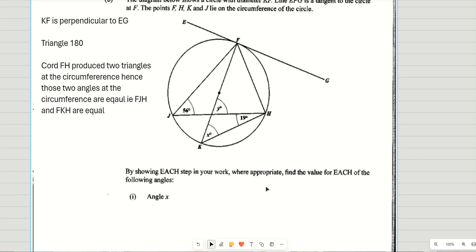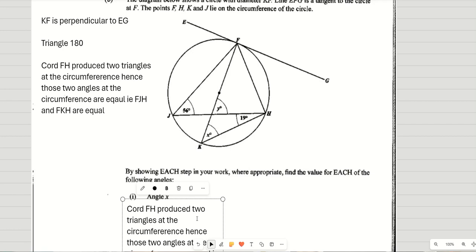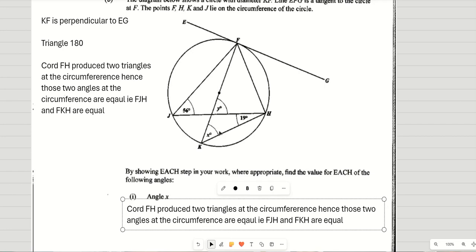By showing each step in your working where appropriate, find the value of each of the following angles. Angle X. So as I said, we're saying angle X and 56. So we can say that angle FJH is equal to 56.